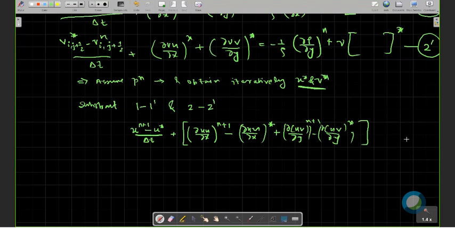And then you have equals to minus 1 by rho, you have del p del x minus del p del x, and this is n plus 1 and star. And you have other terms, that is plus nu. You will get one term with n plus 1 minus star term.